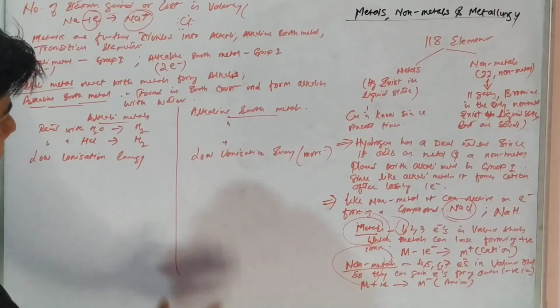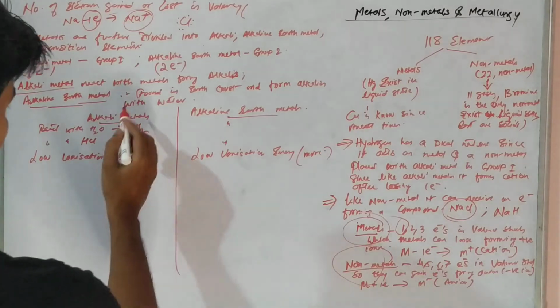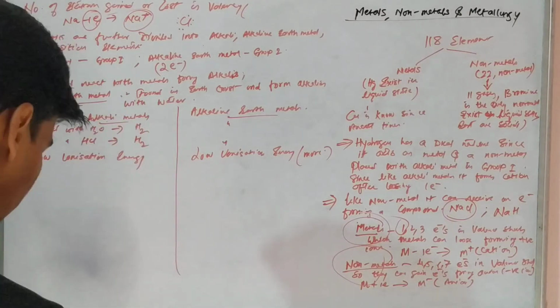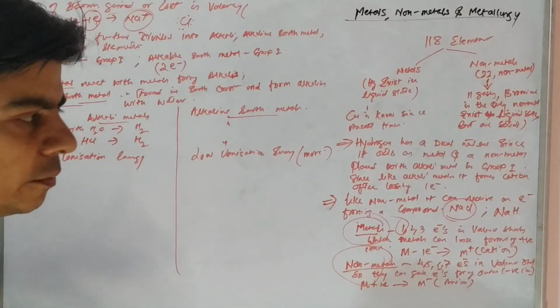So we are done with this, almost. And these alkali metals are soft. Sodium metal is a soft metal.